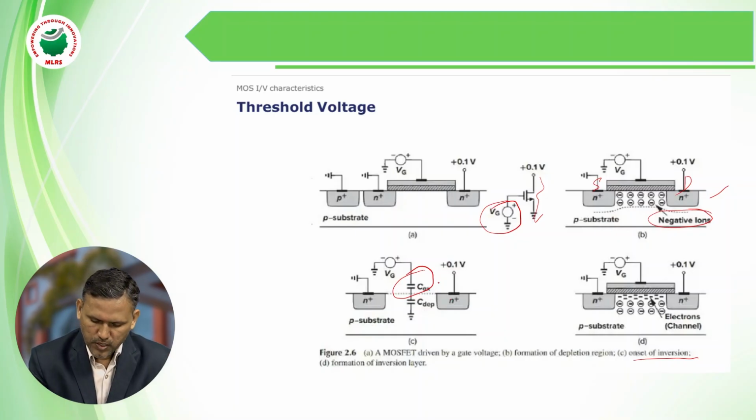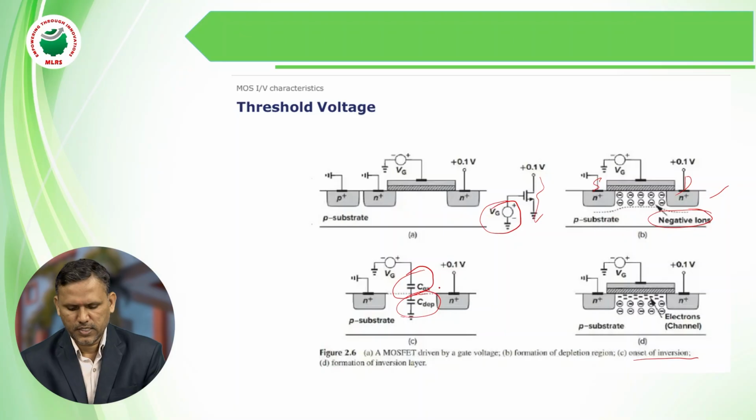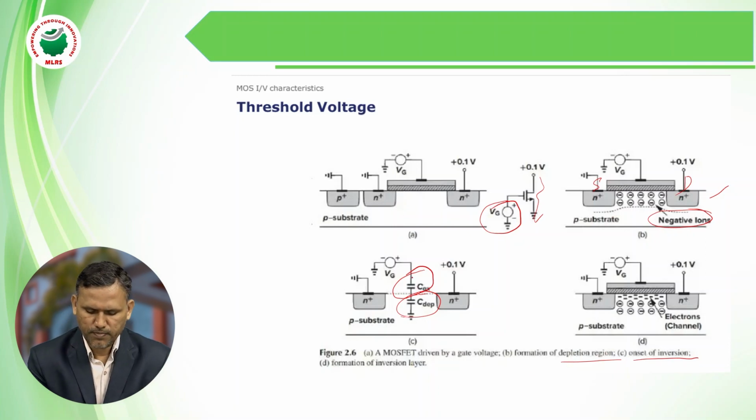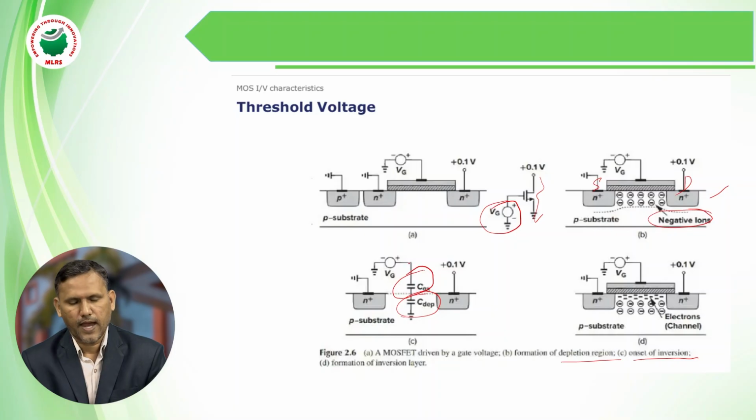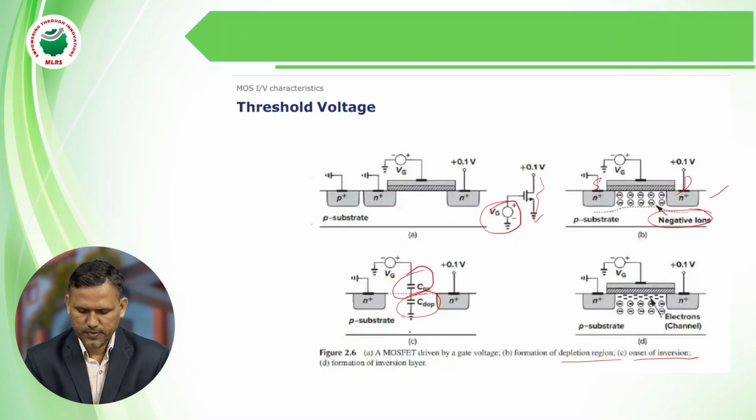From the silicon dioxide layer to the substrate, one more capacitance is developed, the depletion capacitance, and we can observe the depletion region. So these two capacitances are developed between the gate, the silicon dioxide layer and the substrate.